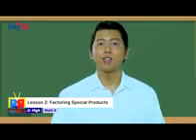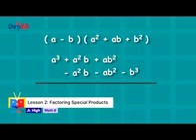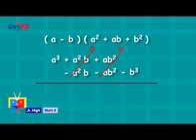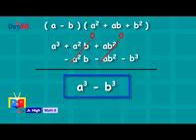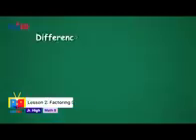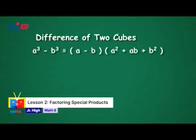Combining like terms, we will remove zero pairs, positive and negative a squared b and ab squared. Thus, we are left with a cubed minus b cubed. We showed that the binomial a minus b multiplied with the trinomial a squared plus ab plus b squared is equal to the difference of two cubes.